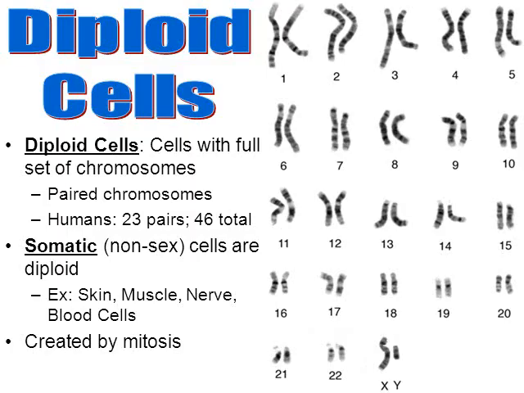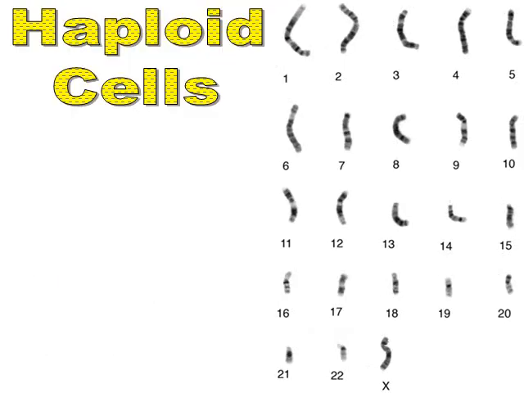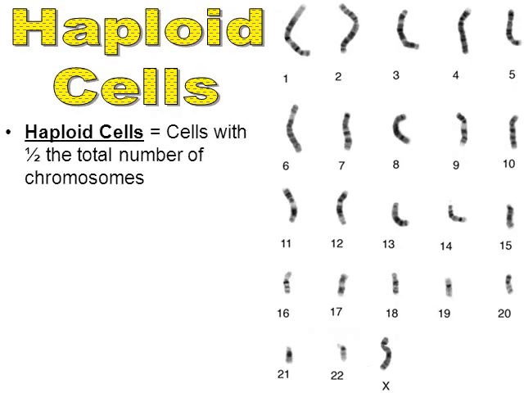Watch how the picture changes, because I'm going to show you what a haploid karyotype looks like. Watch 3, 2, 1. I hope you see a big difference between the picture on the previous slide and this one. This picture shows haploid cells.